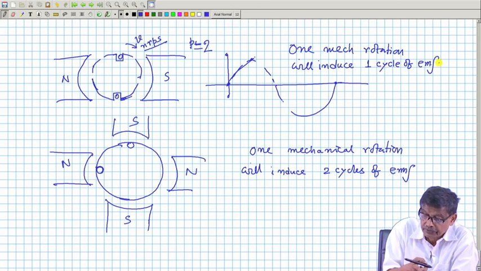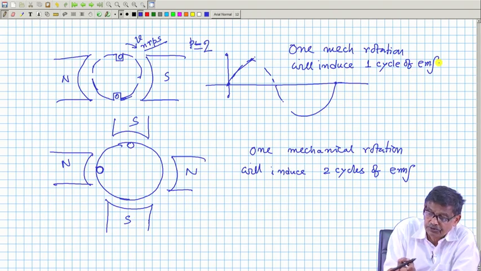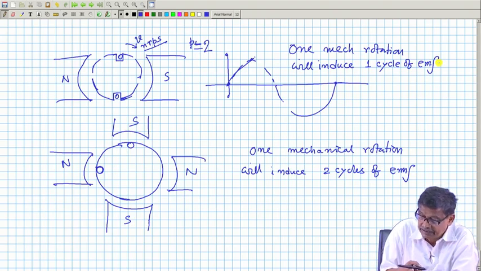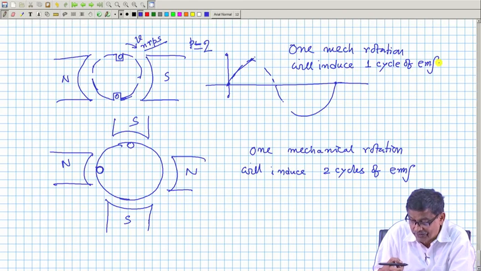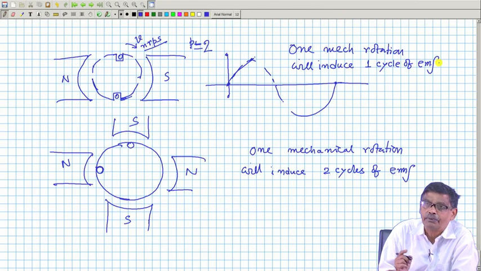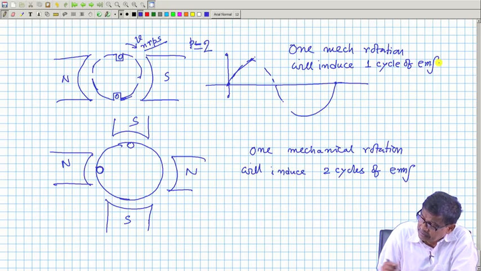Got the point. So, here the conductors or the coil sees only two poles, north south, one cycle of EMF. In this case, coil will see north south, once again north south, till it makes a complete mechanical rotation.